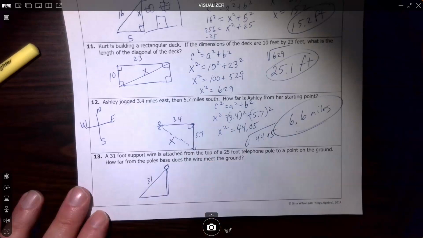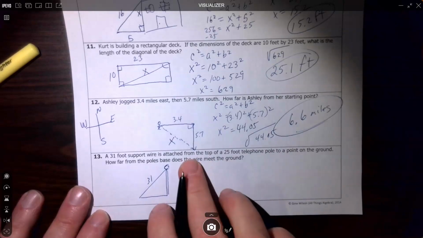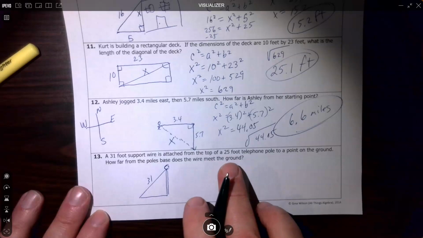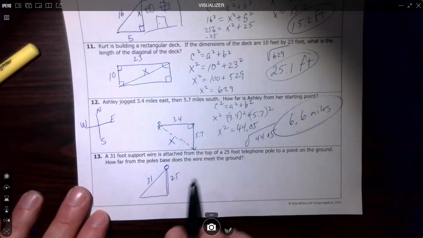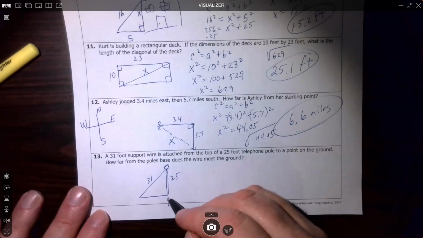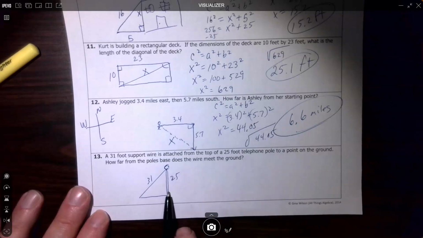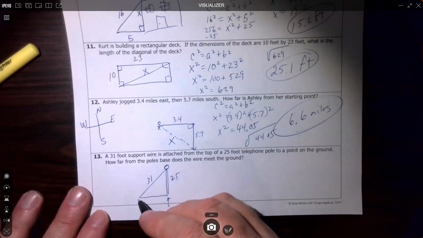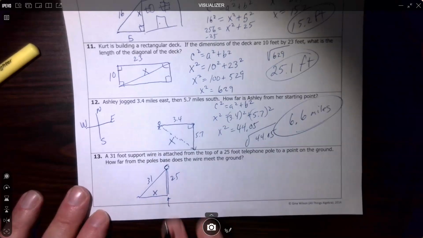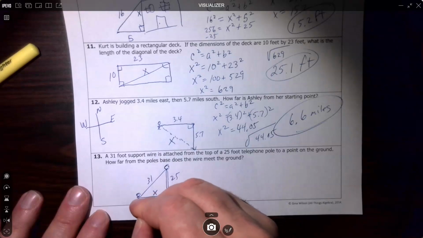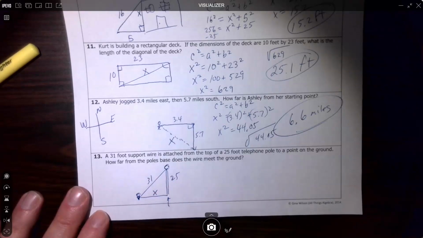And it's the top of a 25-foot pole, and they want to know how far from the pole's base, remember base means bottom, does the wire meet the ground. Okay, so where they want to know this spot right in here, so they want to know how far away is it. So that's your x. Okay, how far away is this thing like staked to the ground? How far away from the pole is it?